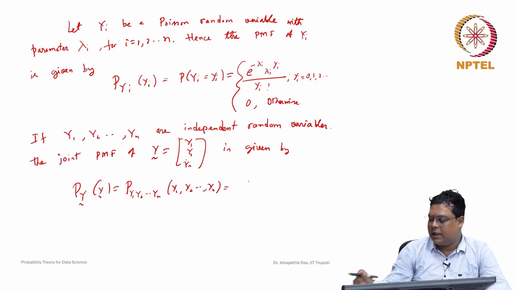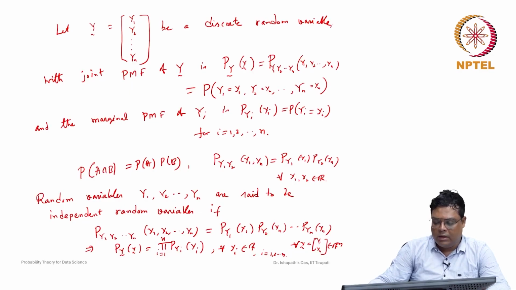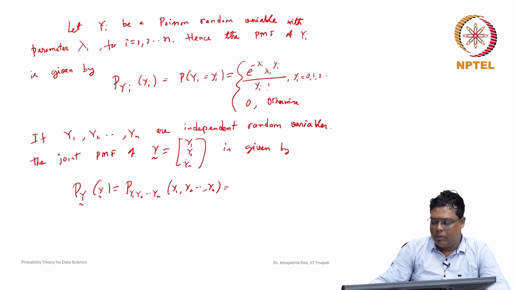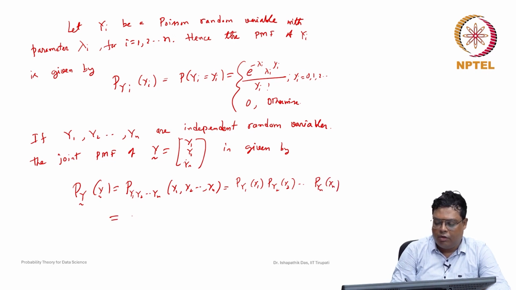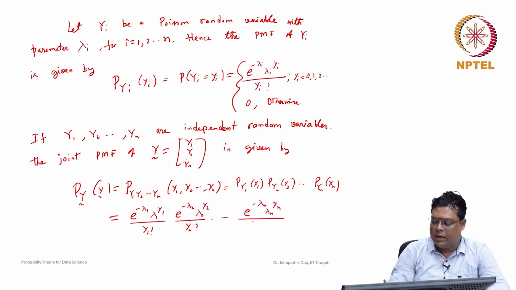By definition, if they are independent random variables, it is equivalent to writing the product of the marginals. So p of y1, y2, yn is equal to e to the power of minus lambda 1, lambda 1 to the power of y1 by y1 factorial, times e to the power of minus lambda 2, lambda 2 to the power of y2 by y2 factorial, like this, up to e to the power of minus lambda n, lambda n to the power of yn by yn factorial.